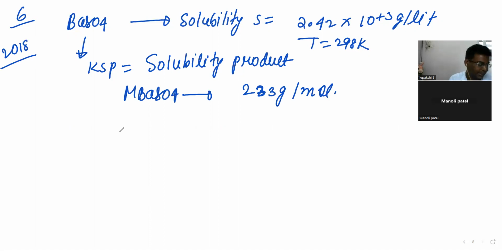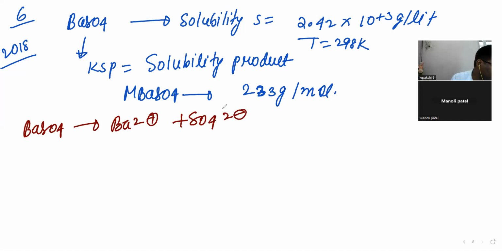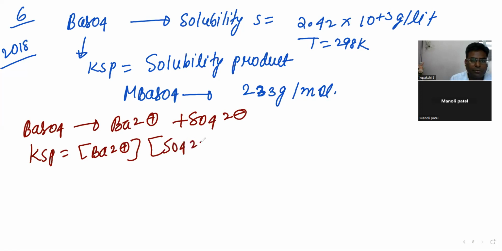So let's see the explanation now. For barium sulfate, when it dissociates, it forms Ba2+ plus SO4 2-, right? So the solubility product will be the concentration of Ba2+ times the concentration of SO4 2-.